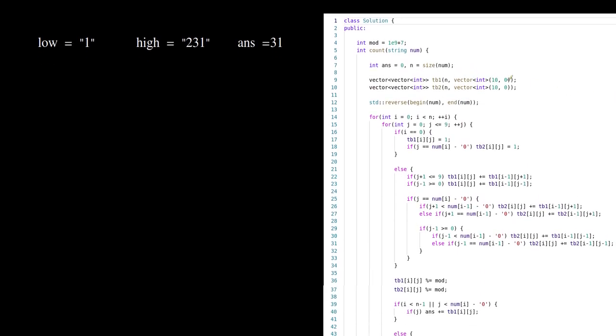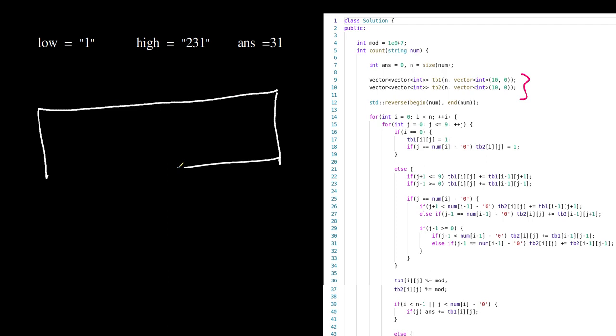So initially we have these two tables, TB1 and TB2. So this is TB1. There are 10 columns.